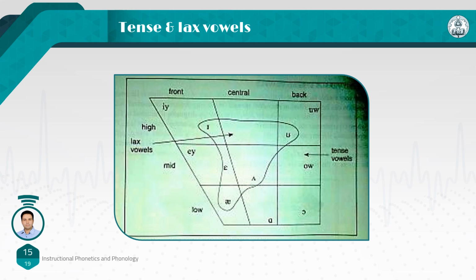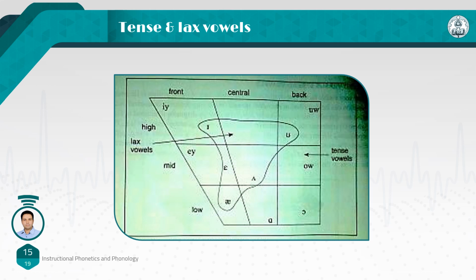The mouth is more closed, and for lax vowels, you are more relaxed in your neck, lips, jaw and tongue, and the mouth is more open. Lax vowels are more centralized, and tense vowels are more forward or more back. These are differences between tense and lax vowels.